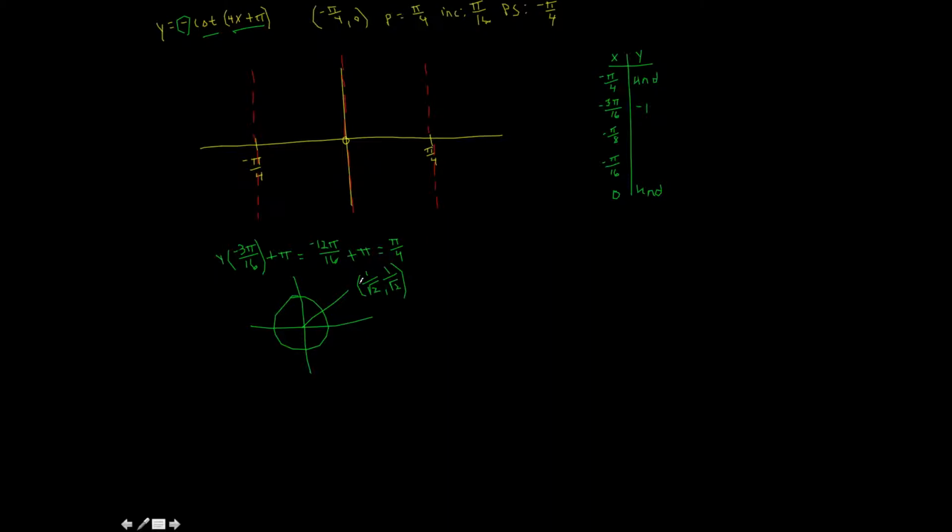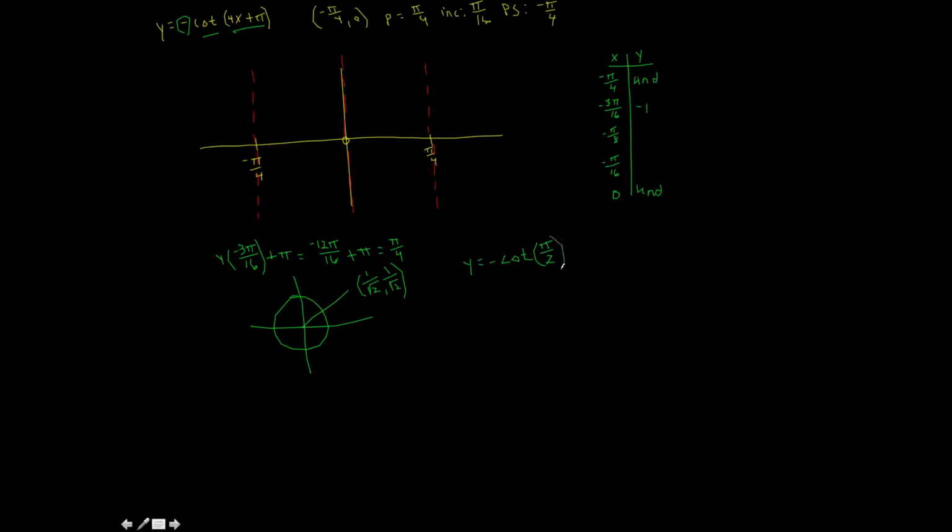When you plug negative pi over 8 in, after you get your common denominator, you're going to be finding the negative cotangent of pi over 2.